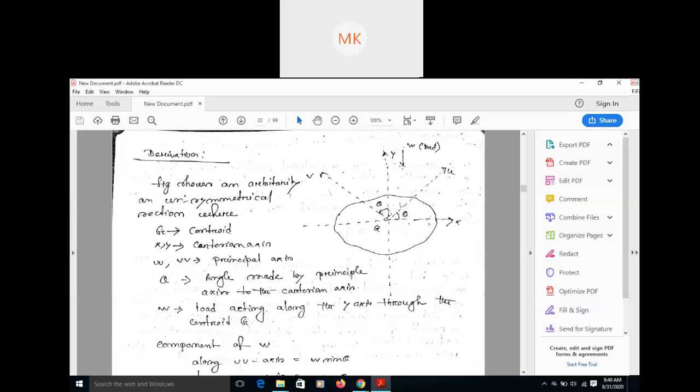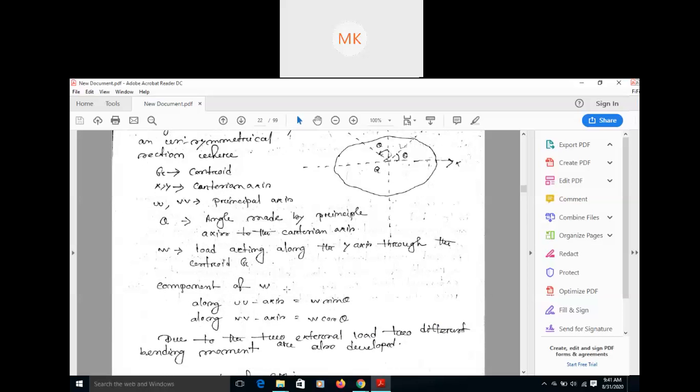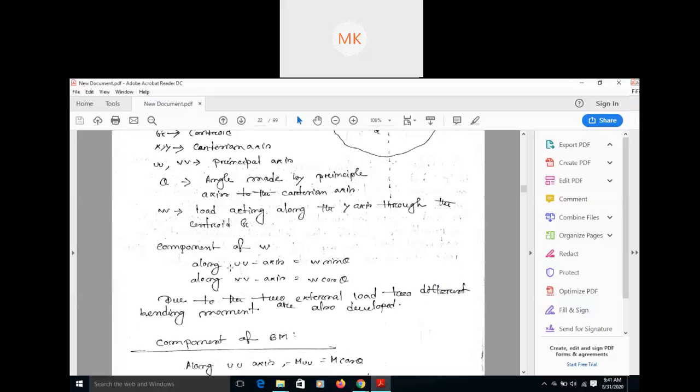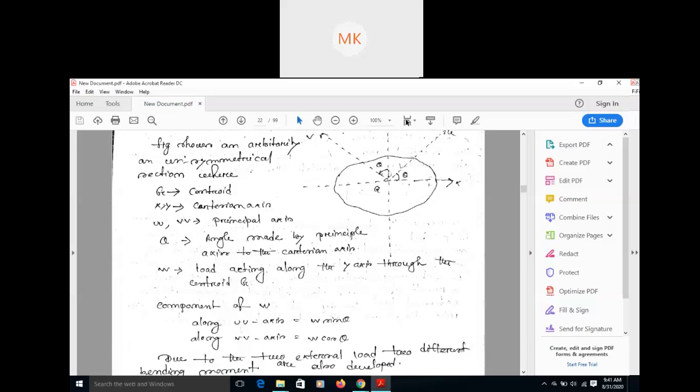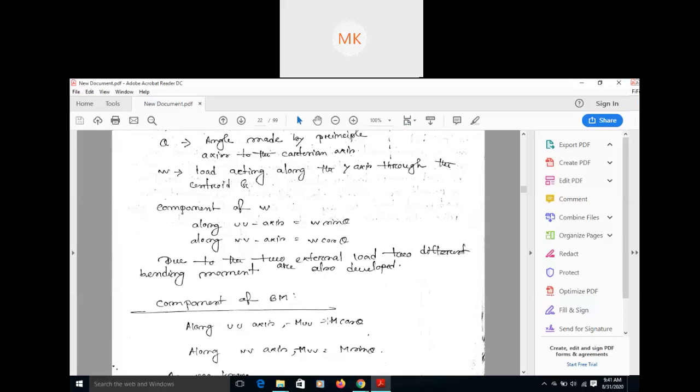Here there is a load acting along the y-axis through the centroid G. It is shown slightly to the right side, because if I draw it along the y-axis you will not be able to understand, but it is along the y-axis through the centroid G. If we resolve this load W along the UU axis and the VV axis, where theta is the angle with the V axis, we get W sin theta and W cos theta.